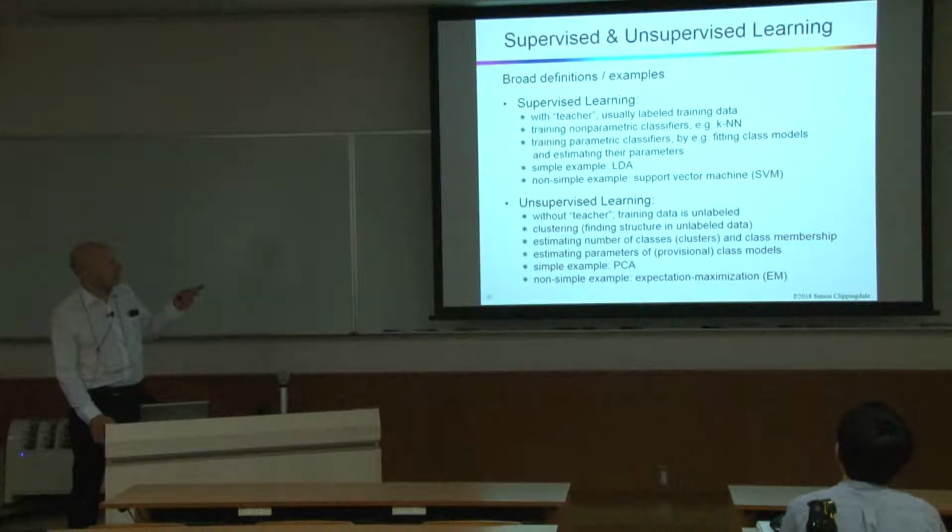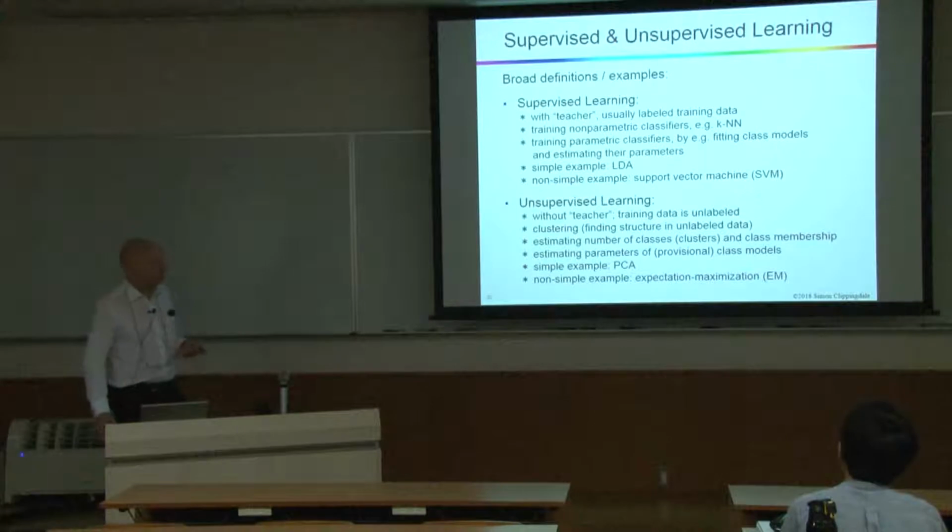And that's used for training KNN classifiers, for example, parametric classifiers. LDA that we looked at last week is a simple example. A less simple example is support vector machines, which we'll have a look at later today. Unsupervised learning, there's no labels. The training data is unlabeled. You're just trying to find, for example, clusters in it.